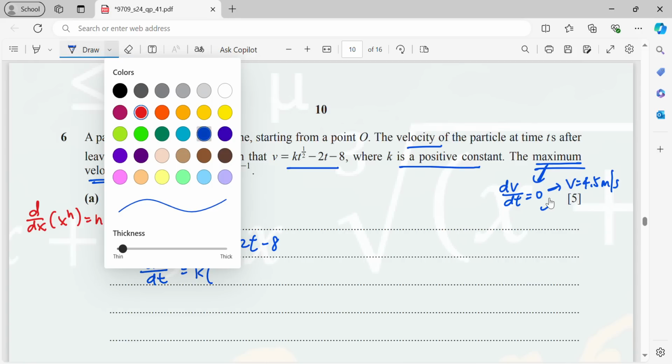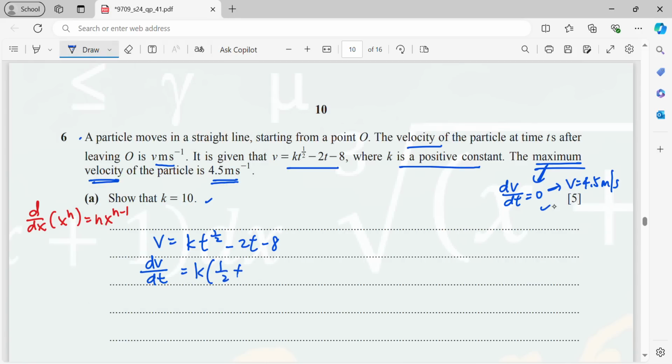So from here, you will get k times half t to the half minus 1, which is negative half, then minus 2t becomes minus 2. This can be simplified: t to the power negative half means I can move it down. So you get k over 2 square root t, minus 2. That is your dv/dt.